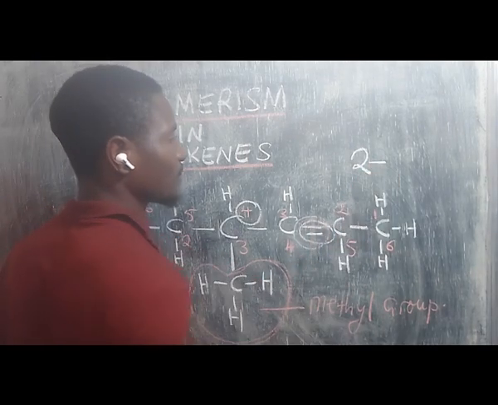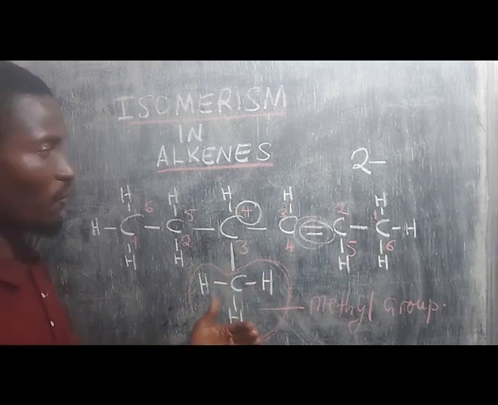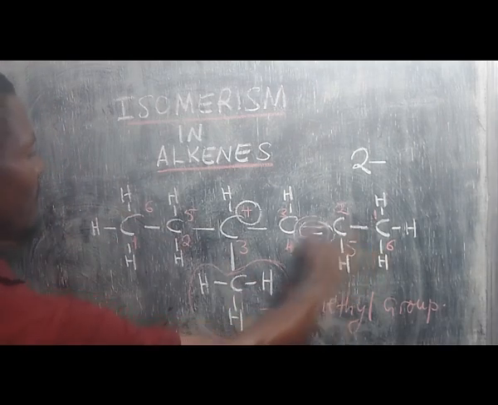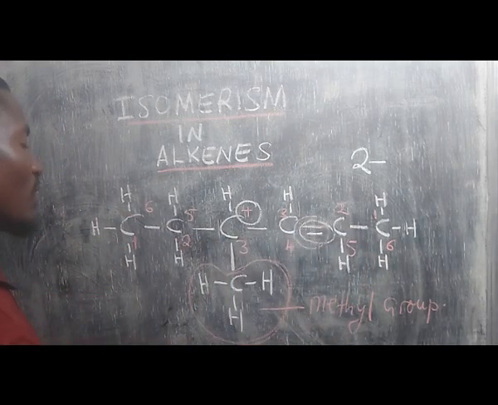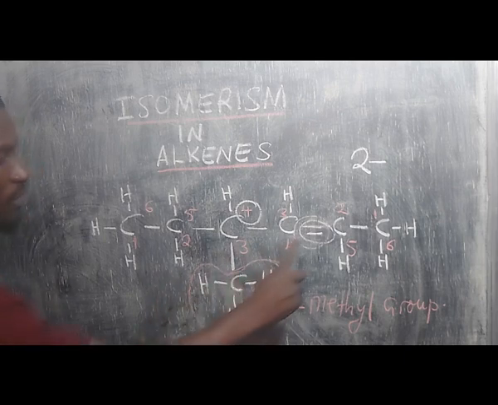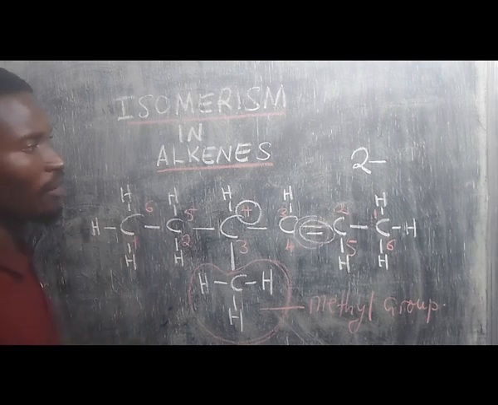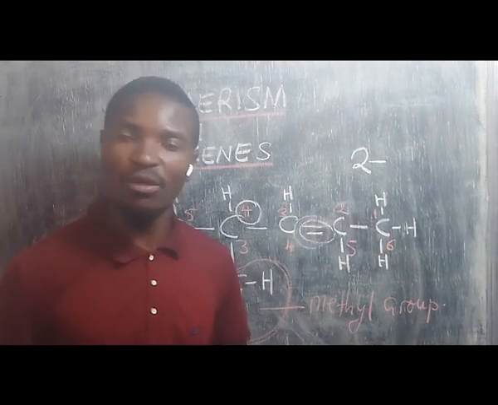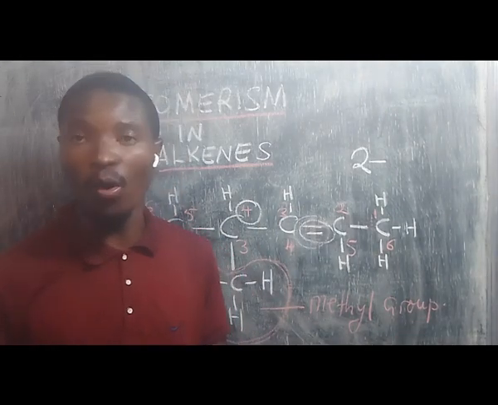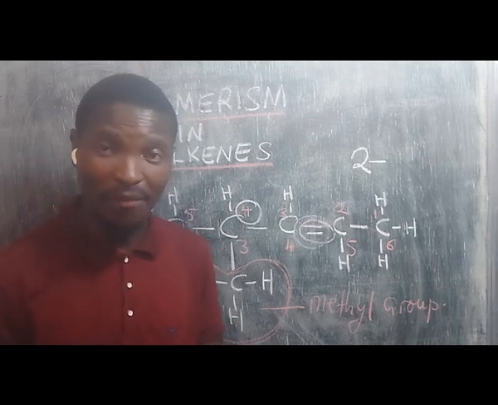And then the dash. Now you ask yourself, what is the root name of this hydrocarbon, which has how many carbons? 1, 2, 3, 4, 5, 6. So a hydrocarbon with 6 carbons is called a hexene. Okay, a hexene.